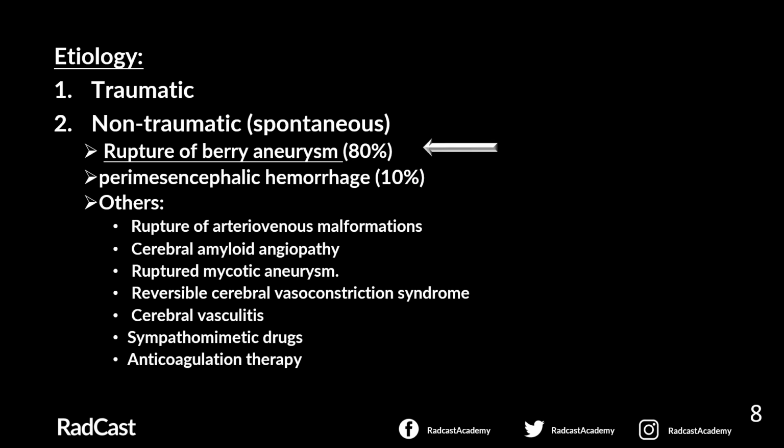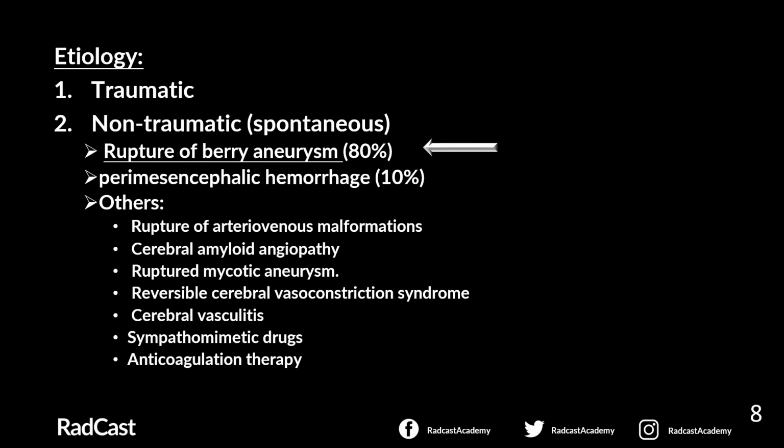Why this happens? Subarachnoid hemorrhage can be traumatic, which is the most common cause, or can be spontaneous. Of the spontaneous or non-traumatic causes, by far the most common cause is ruptured aneurysm, which represents about 80% of non-traumatic causes.